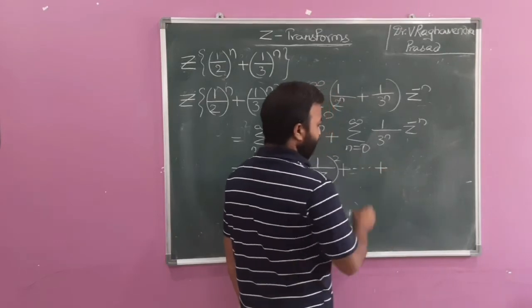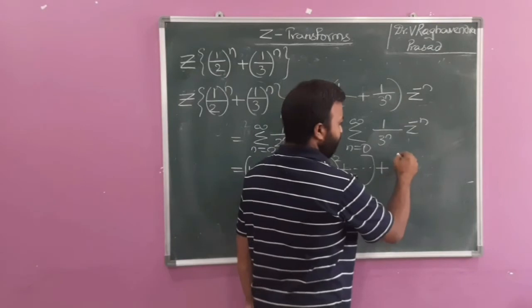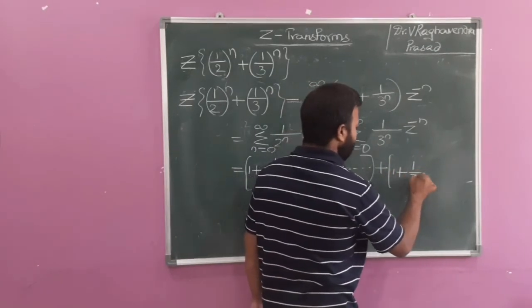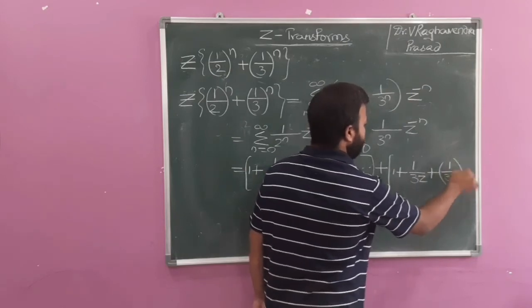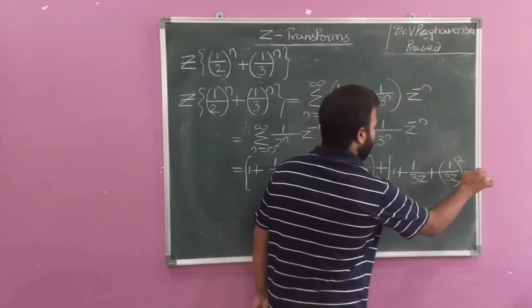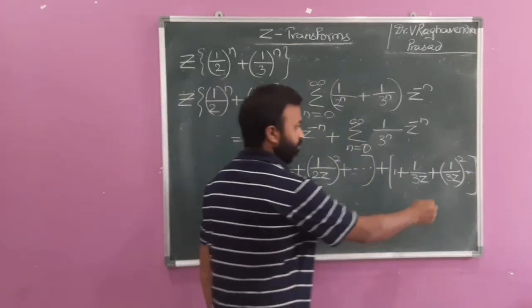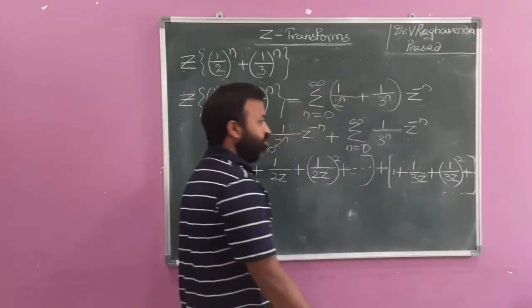Plus, on expanding the second summation, for n equal to 0, we have 1. For n equal to 1, 1 by 3z. For n equal to 2, 1 by 3z whole square. Plus, and so on, remaining terms for n equal to 3 to infinity.